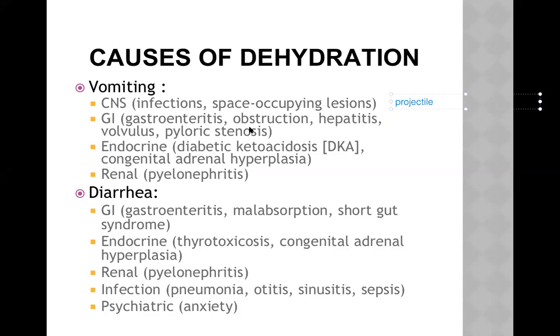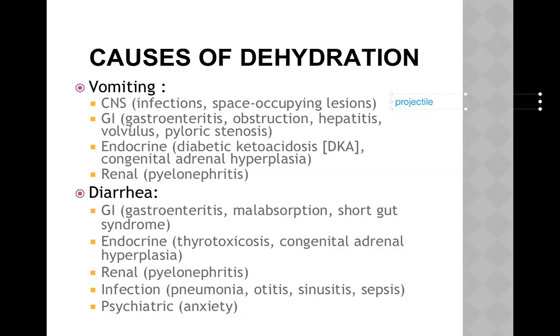Now, other causes are gastrointestinal causes, like gastroenteritis. Gastroenteritis is another term for diarrhea. GI obstruction, like intestinal obstruction, like pyloric stenosis, duodenal atresia. Any example you can take here. Hepatitis, viral hepatitis is a very important cause of vomiting.